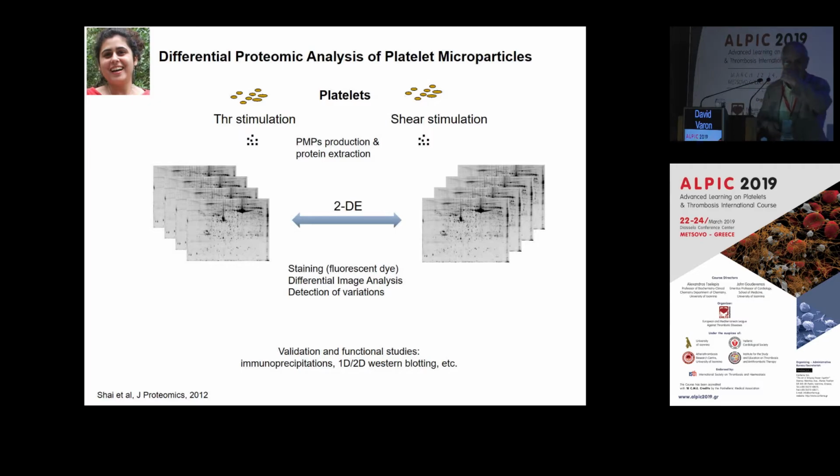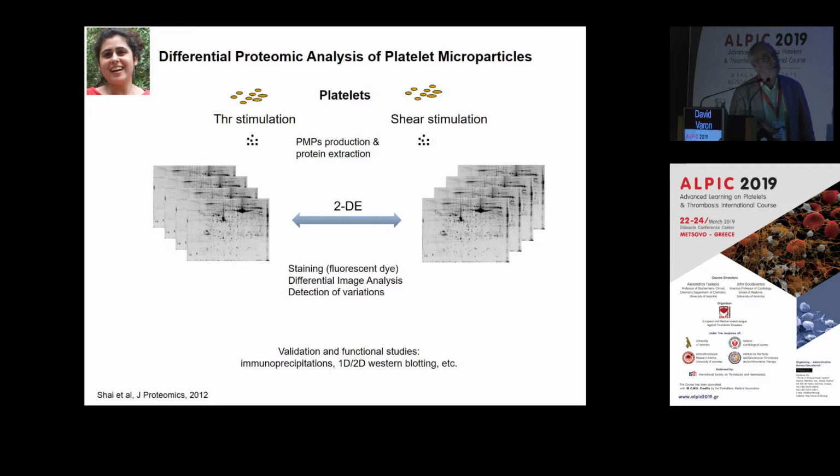We studied the effect of platelet microparticles by producing microparticles by two different methods. The first is simple activation of platelets by thrombin, and the second is by shearing platelets under a matrix that induces platelet activation, and then collecting the microparticles from the supernatant.